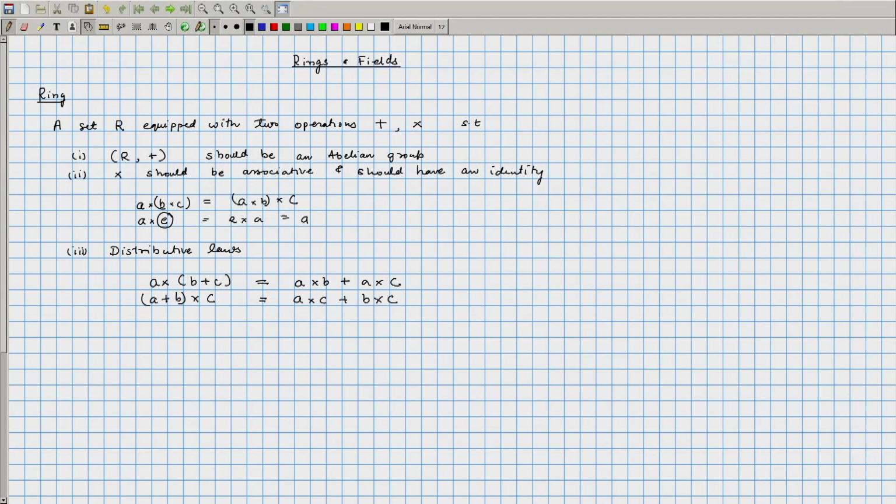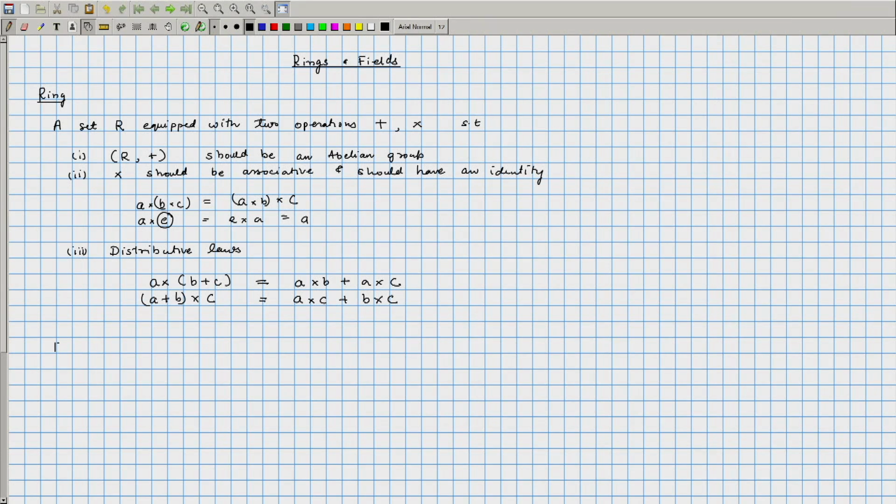Not just that, even cancellation laws need not hold. Okay, we will see examples of all those. So, that is the way in which a general ring is different from, let us say, the ring of real numbers. The ring of real numbers has many additional properties that we do not insist for a general ring. So, let us see some examples.